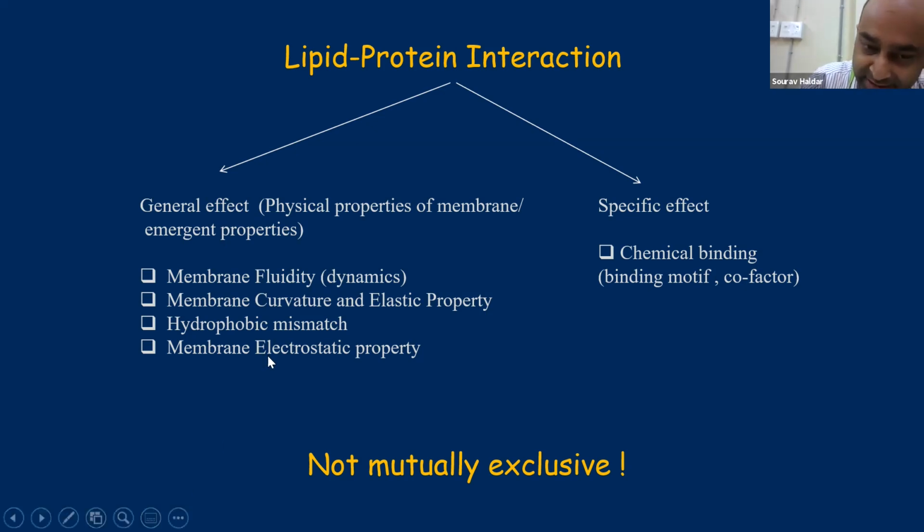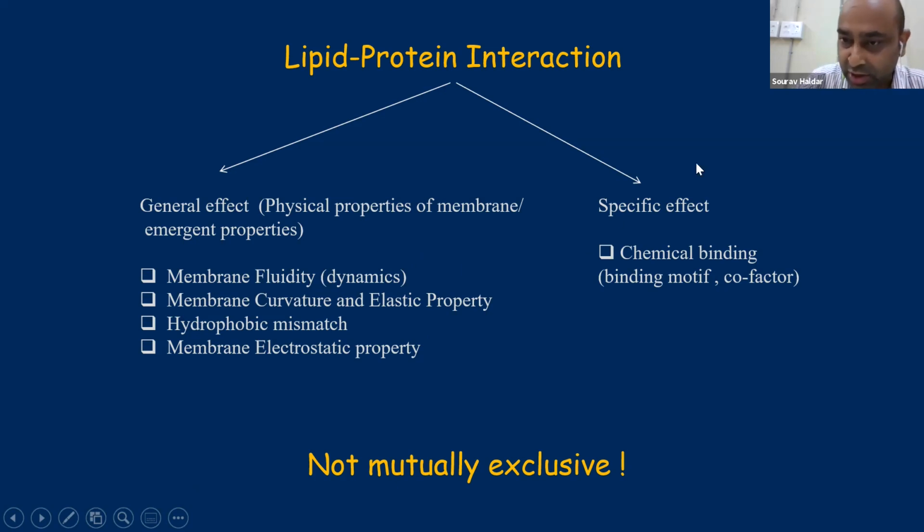In fact, I will take you through one particular example of membrane potential from my own research, just to highlight how physical properties of membrane actually modulate the function of a membrane protein.